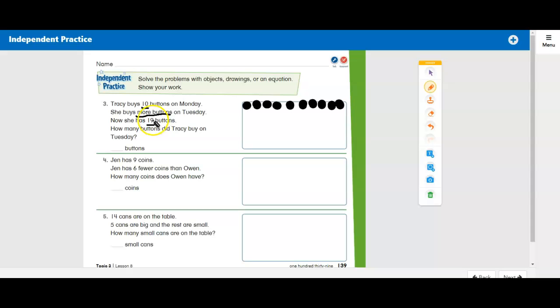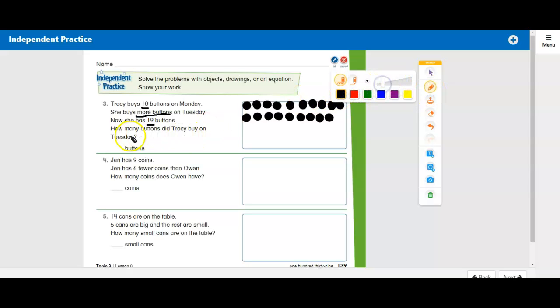And then I know she gets some more buttons, and now she has 19. So I could count on from 10. So I could say 11, 12, 13, 14, 15, 16, 17, 18, 19. So to count on from 10 to 19, I had to add 9 more buttons.